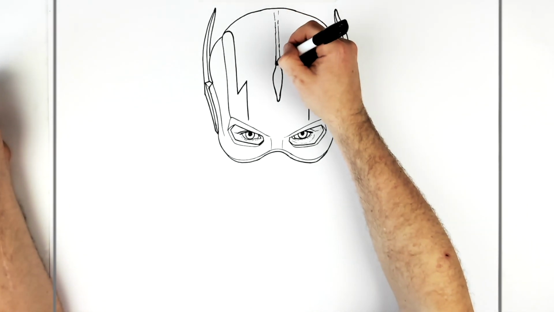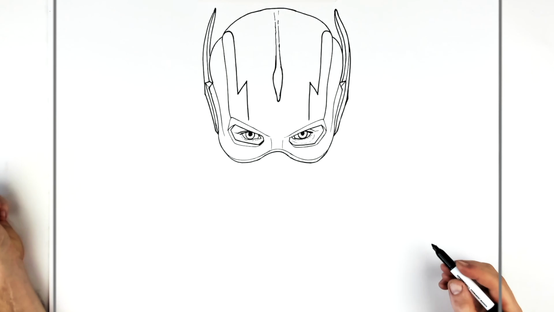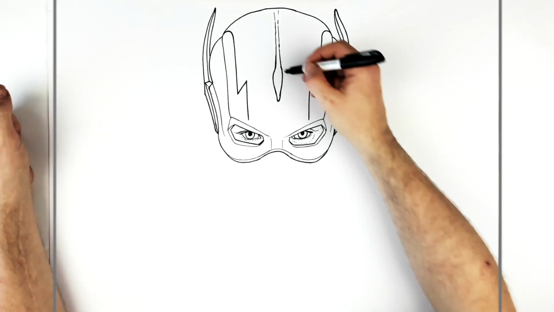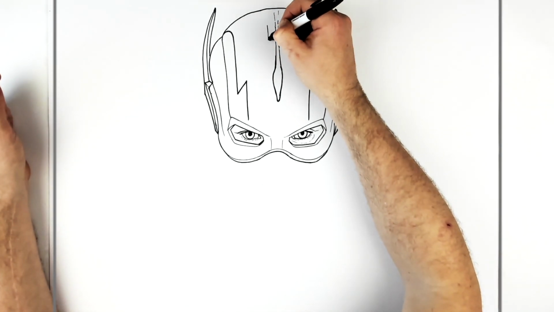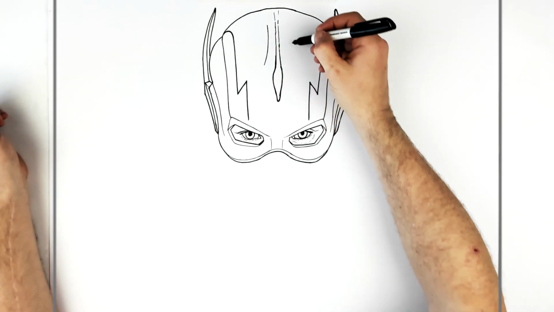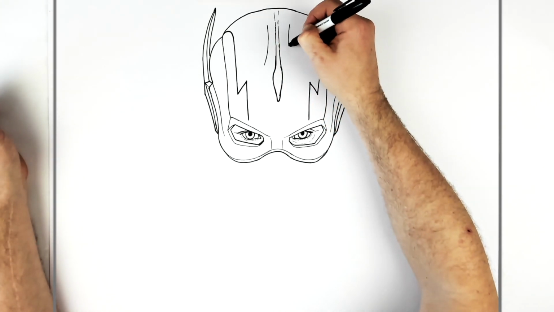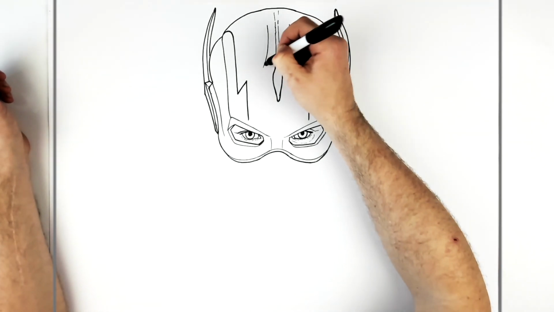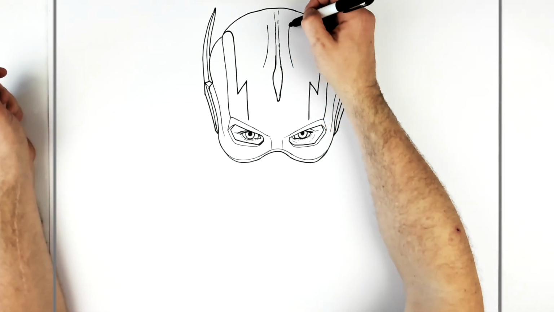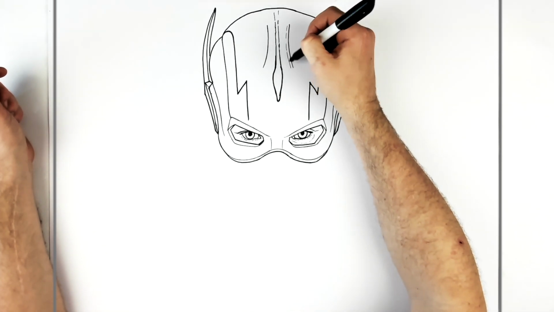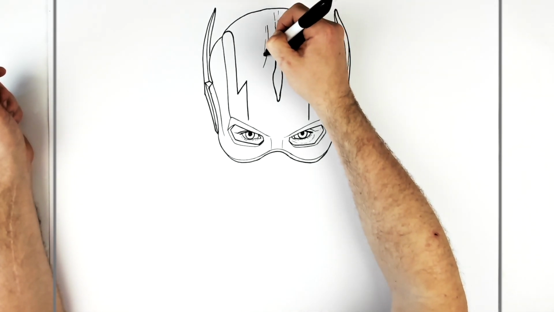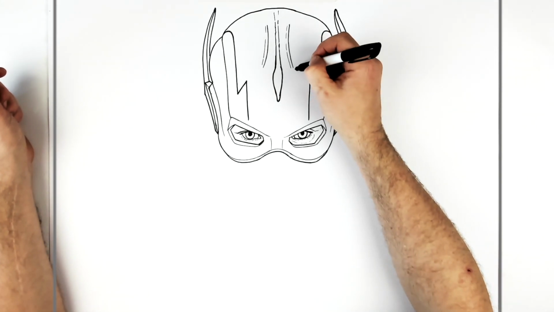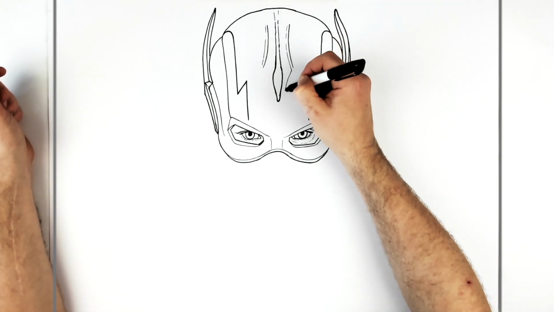Okay. And then there's like another section here and here. Okay, there's just like these ridges, right? They're hard to make out, right? Like so, and then we have another one going down around here.